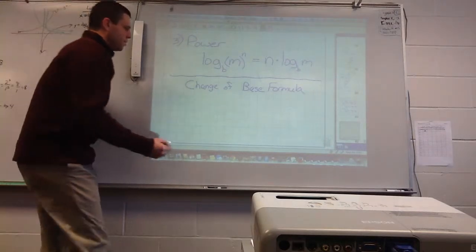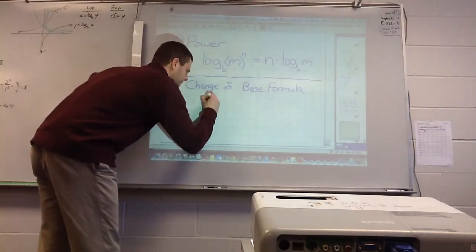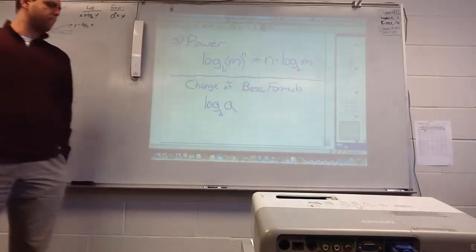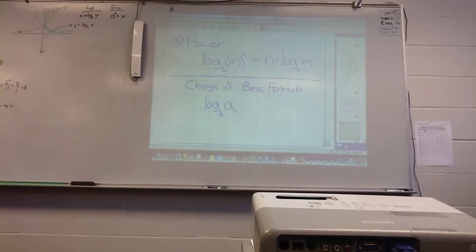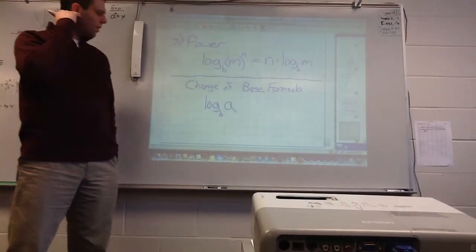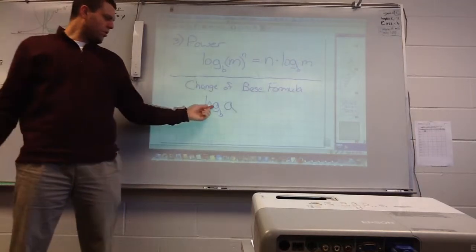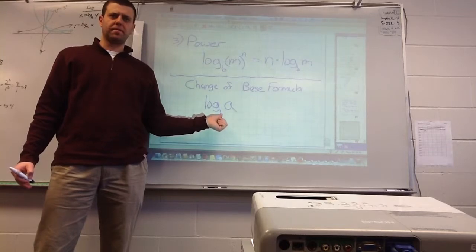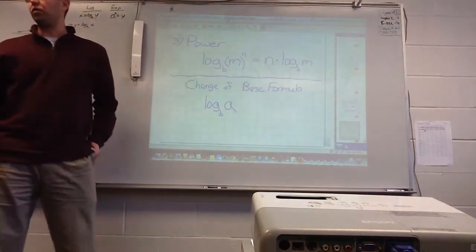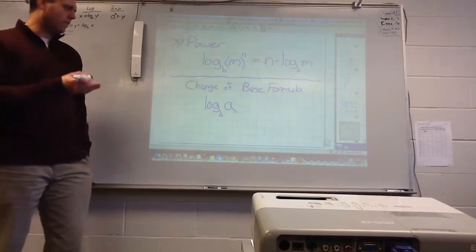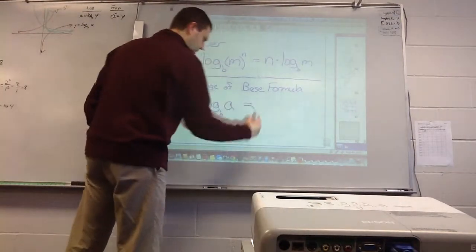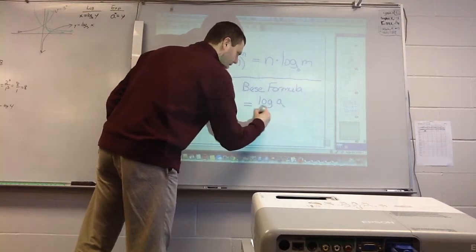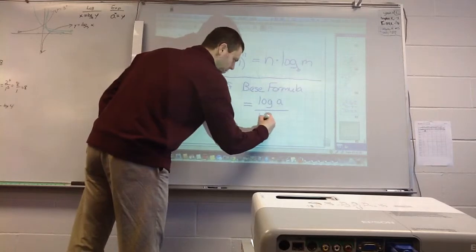I changed the book's definition a little bit, but let's say we have log to the base b of some number a. You know how a lot of times on your calculators, some of you are not able to type in the specific base right here? So what this change of base formula gives you is a way to actually evaluate something like this on your calculator. You can take the common logarithm of a and divide it by the common logarithm of b.